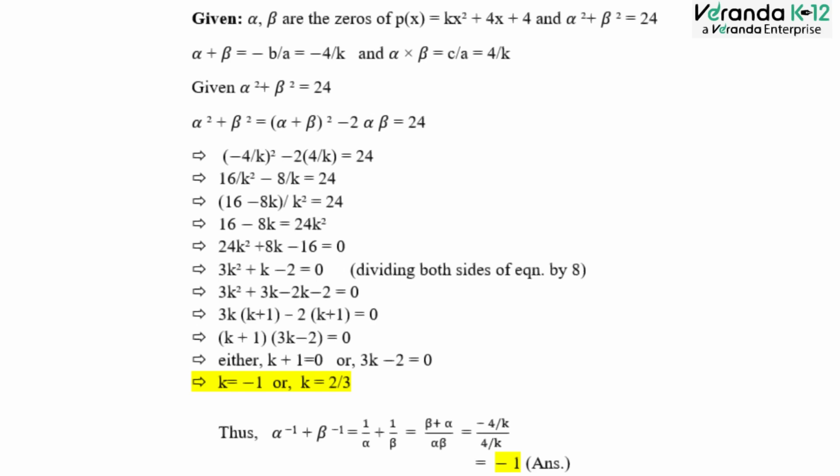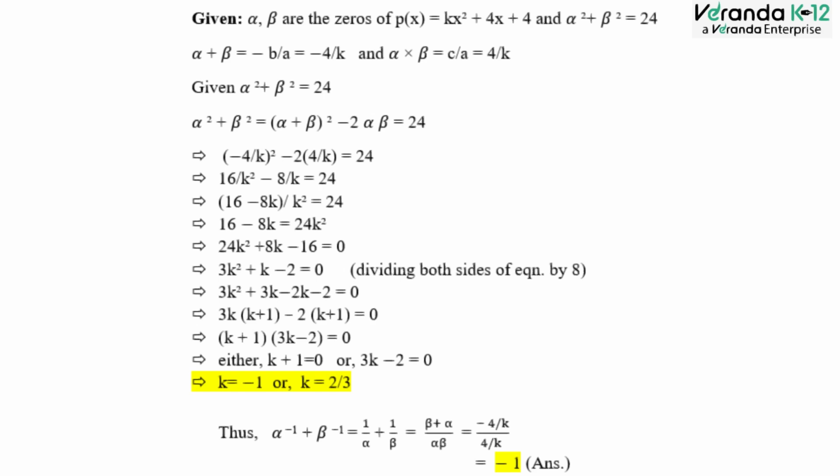As we know from the given polynomial, we will put the value of alpha plus beta as minus b by a, which is minus 4 by k, and alpha into beta is c by a, which is 4 by k.